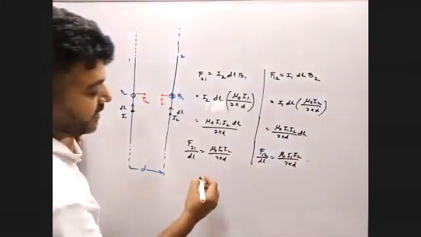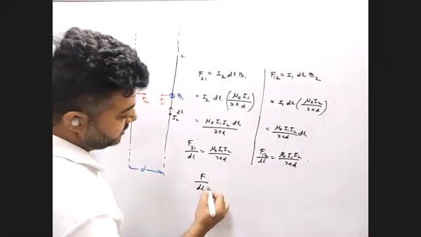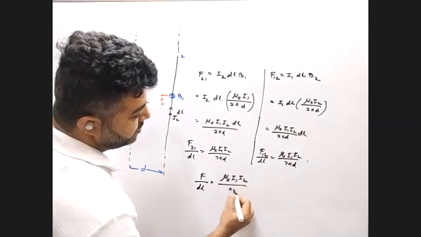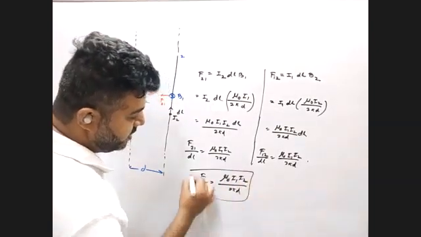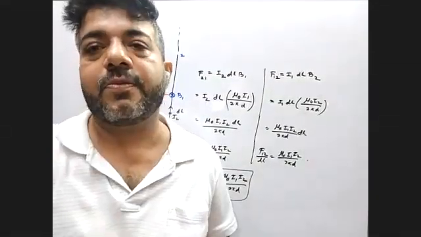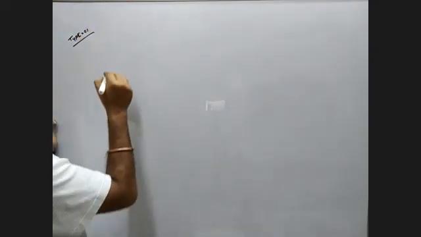So note this down quickly. Suppose type 1: there are many types of numericals from that part.